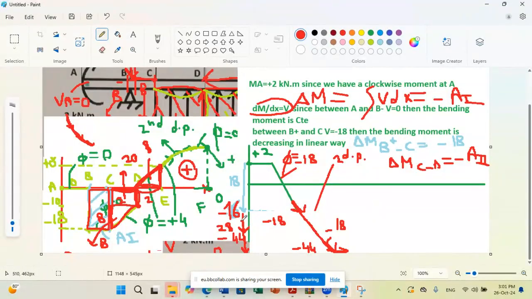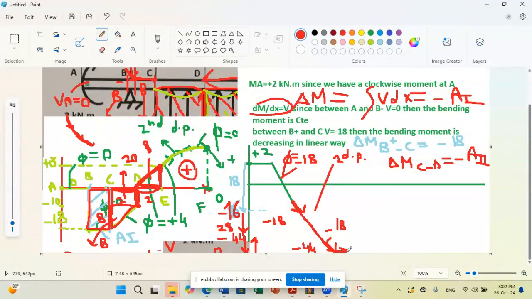Now from point D to E we have a linear variation, and we said plus 8. We were at minus 44. If we add 8 now, doctor, isn't it 8 times 2? It is 8 times 2 over 2, because this is a triangle. What is the area of a triangle? 8 times 2 over 2 equals 8. So now we'll have plus 8, meaning minus 44 plus 8 is minus 36.